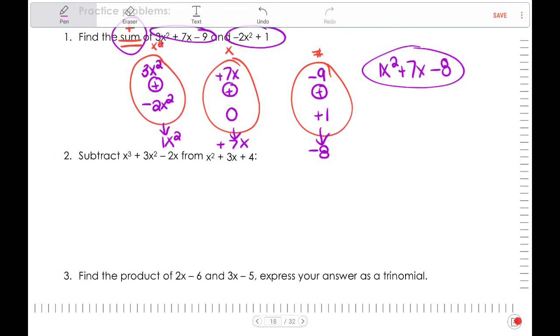Okay, next one, subtract from. Remember, subtract from means to switch the order.